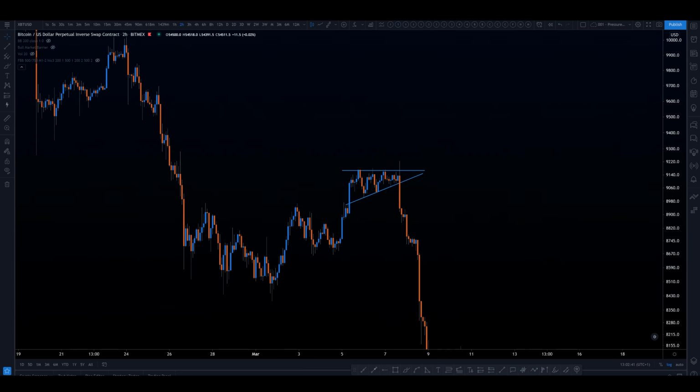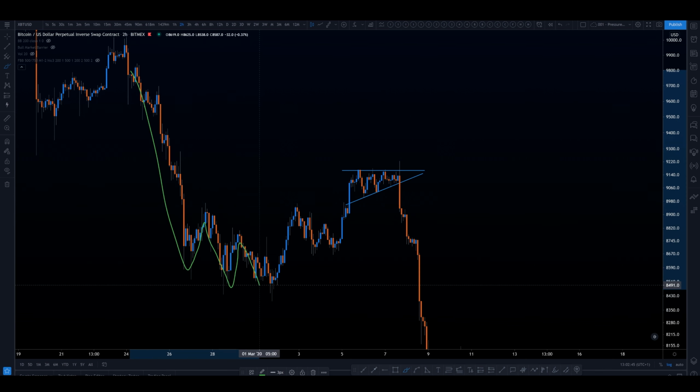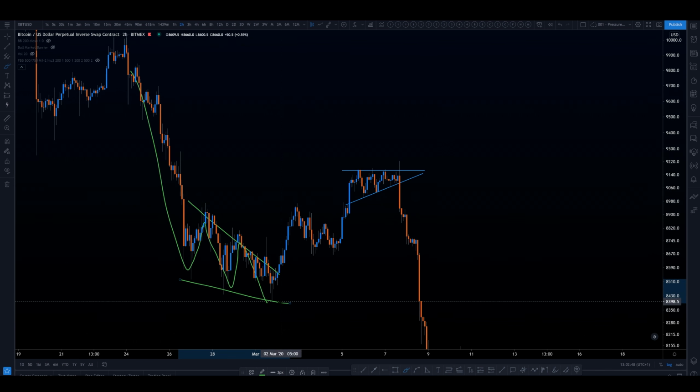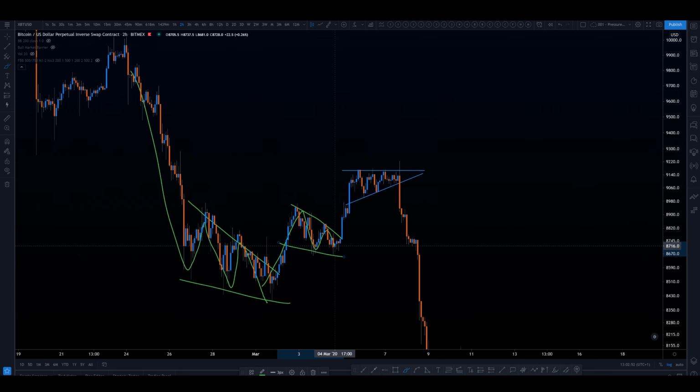Before the sharp drop, we had this bottoming falling wedge formation, a bullish accumulation-like pattern, and then a jump into another bullish pattern, the ascending triangle. So usually you would expect price to go up from here.